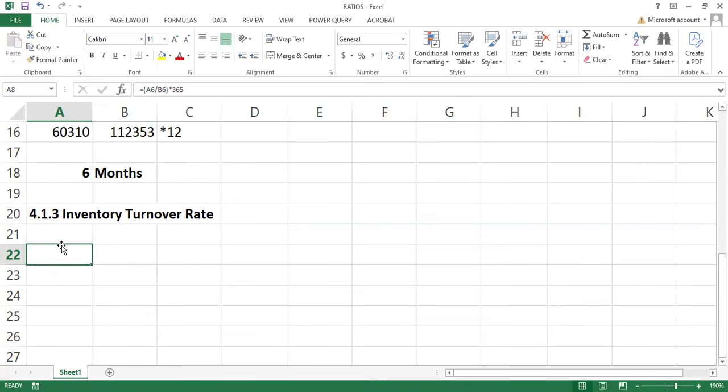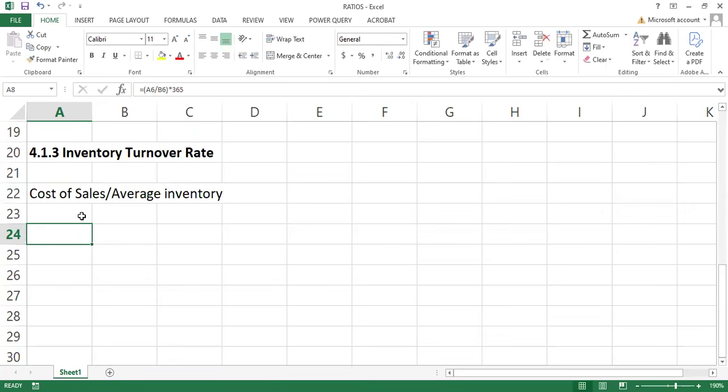The formula for this is cost of sales divided by average inventory. Then that's it.